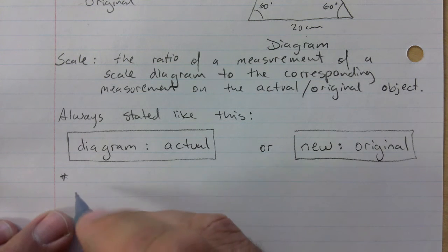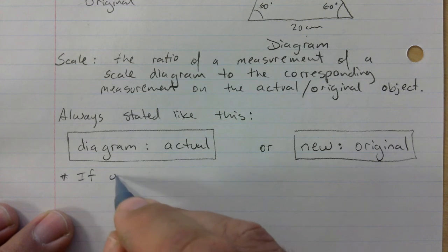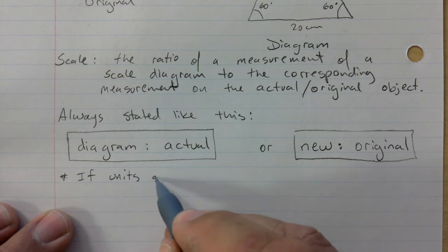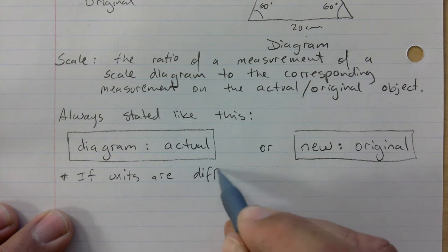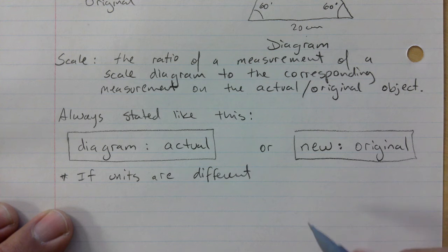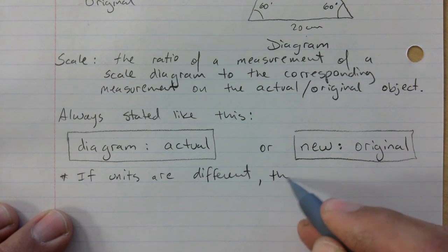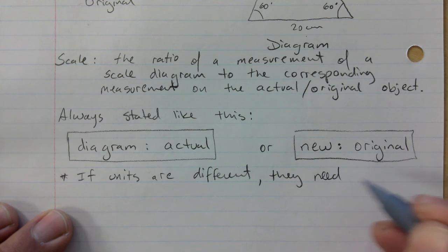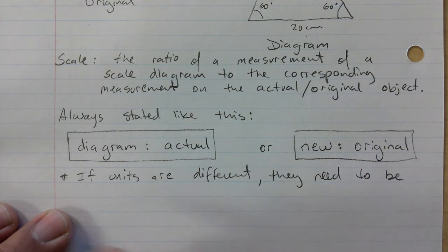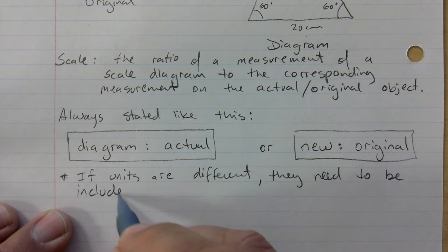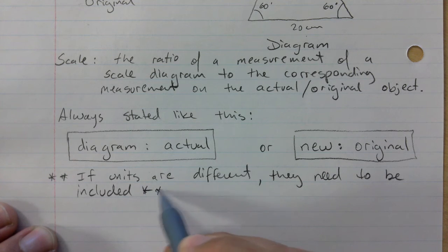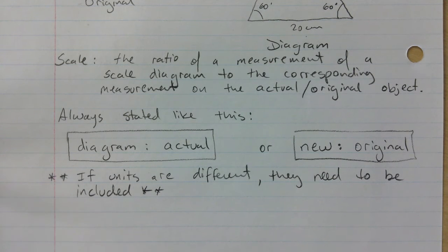One thing you need to add: if units are different, they need to be included. This is just an important note, right? If the units are exactly the same, if you're talking inches, you actually don't have to have the inches even stated.